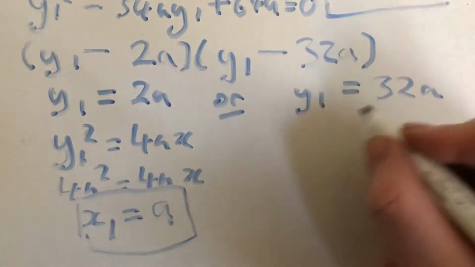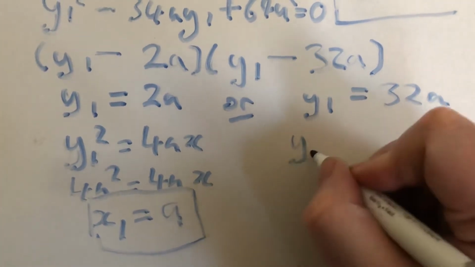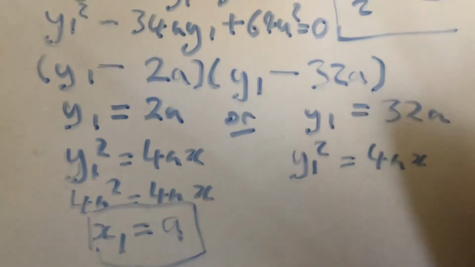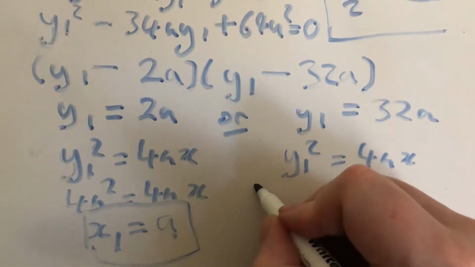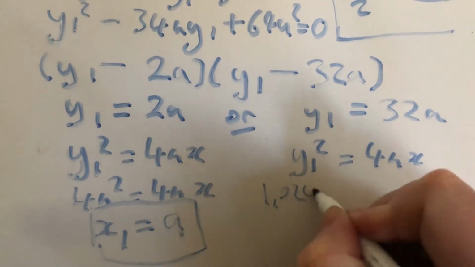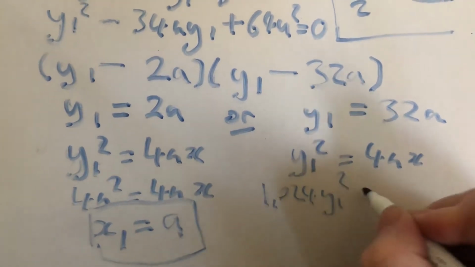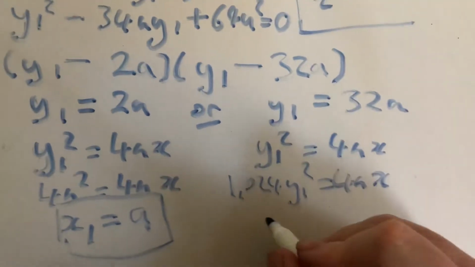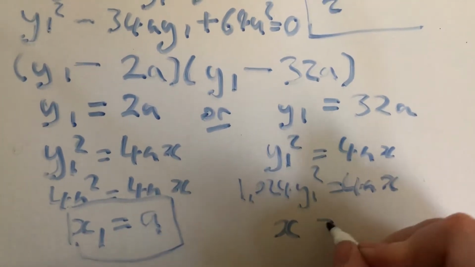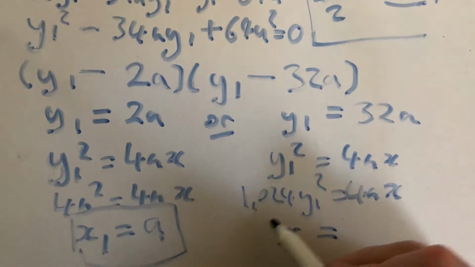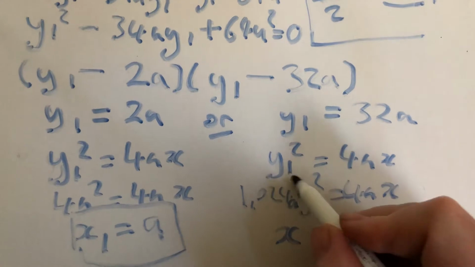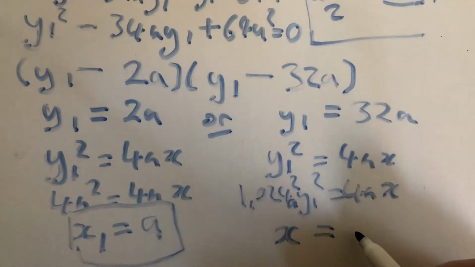And if y1 is equal to 32a, y1 squared is equal to 4ax. 32 squared is, of course, 1024. So y1 squared equals 4ax. And here in this case, x is equal to 1024a squared divided by 4a.